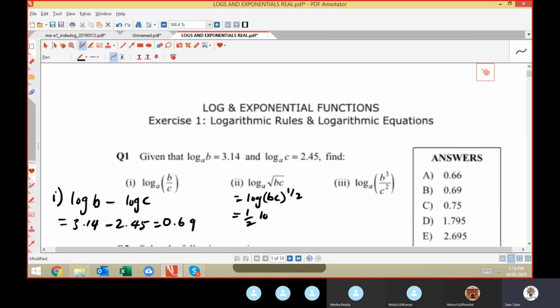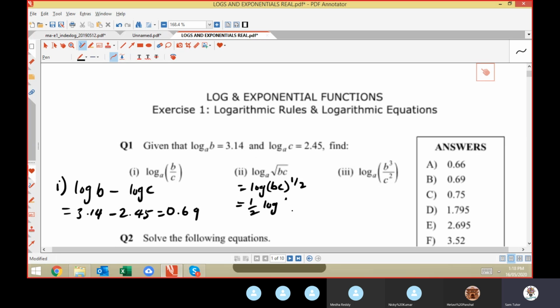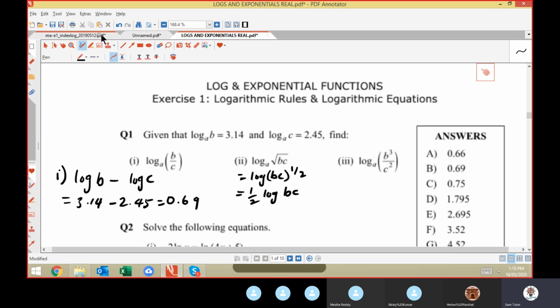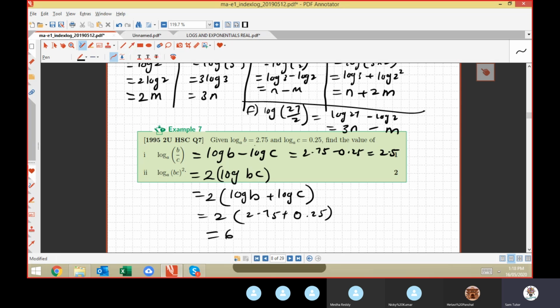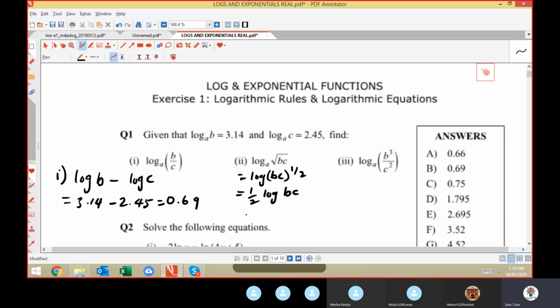So bring it down. Hey, that looks pretty familiar again, right? It was exactly like the one we just did. That one said squared, times 2. This one says power of a half. So the next line is half, and then log BC becomes log B plus log C. And then obviously you just plug it in. I'm sure someone will give us an answer. Try part three.